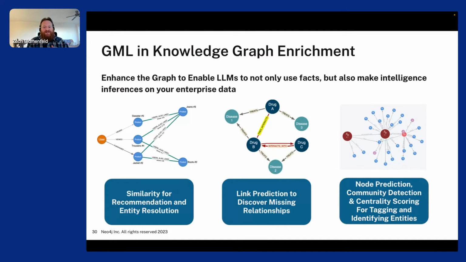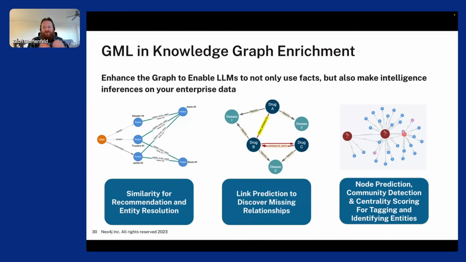Also doing things like link prediction to discover missing relationships. So if you have a medical knowledge base and you want to make a link between papers or between drugs to say, hey, these drugs interact with each other, or this drug can be repurposed for this other therapeutic treatment, then now that you have that in your knowledge base, the LLM can take advantage of that and include that information when it does its retrieval.